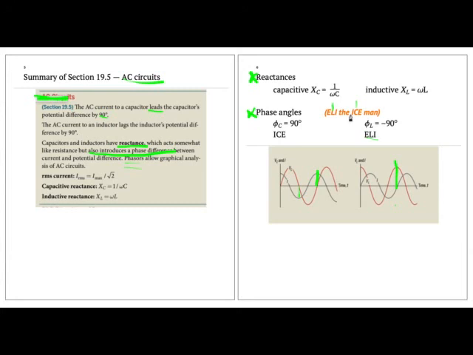So the current leads the voltage. Voltage comes later. So that's current before voltage, or EMF, in a capacitor. ELI the ICEman. Well, you're not going to be electrical engineers, but every electrical engineer knows the meaning of this phrase, ELI the ICEman.